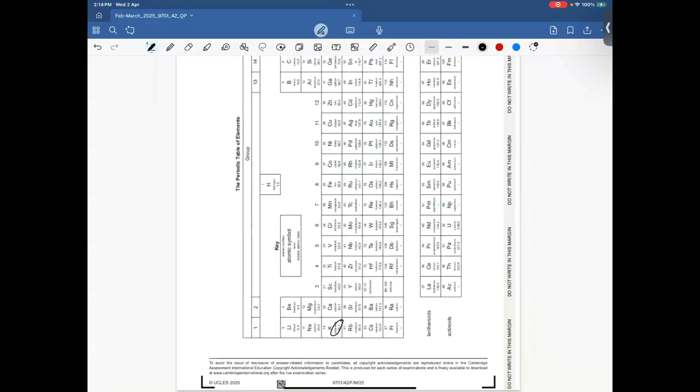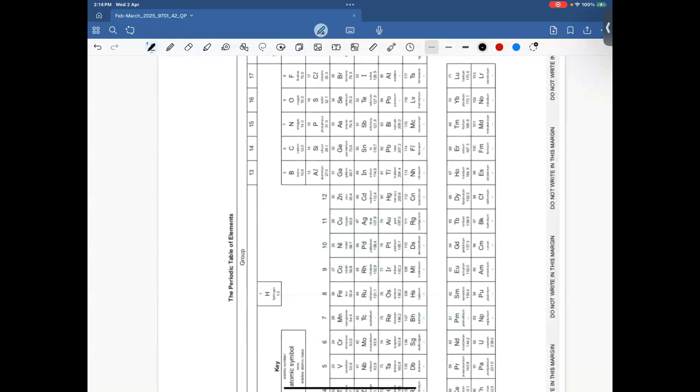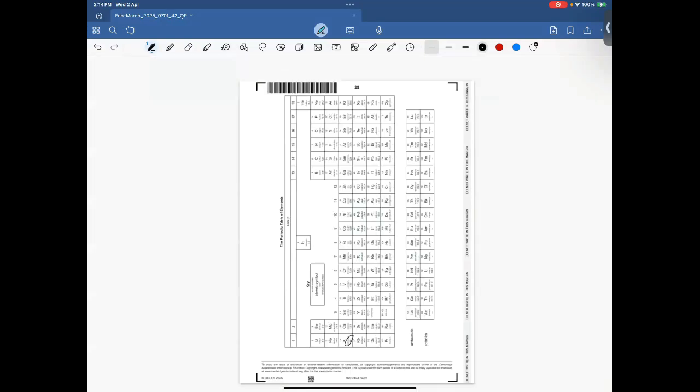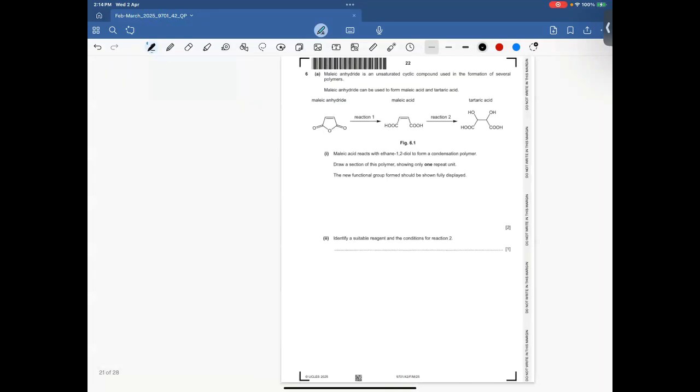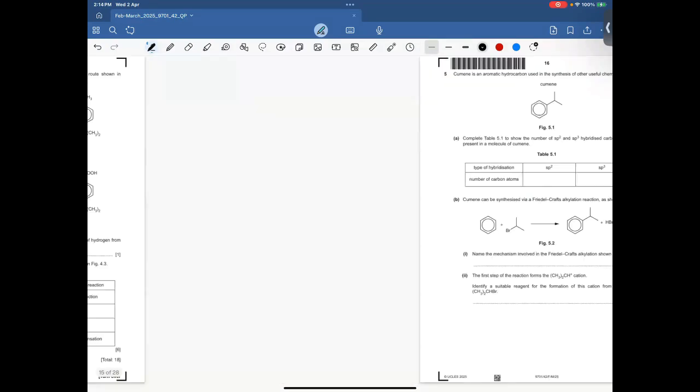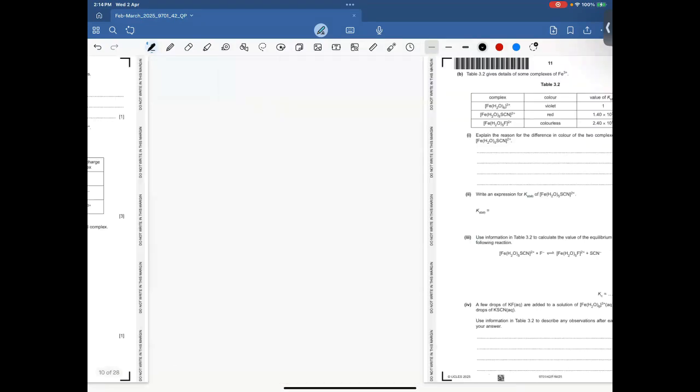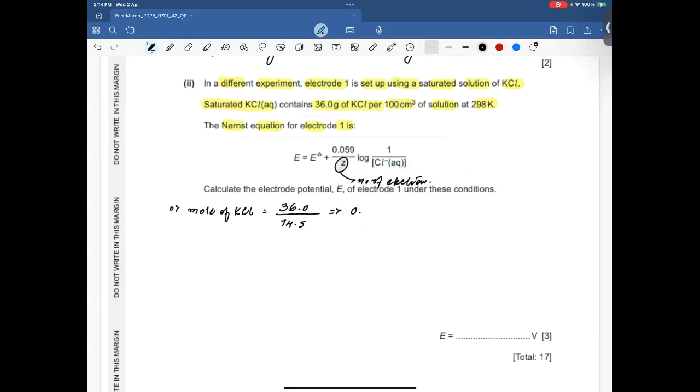And chlorine is 35.5. So 35.5 plus 39.1, 74.6. Okay, 74.6. So 36 divided by this is 0.483 moles.